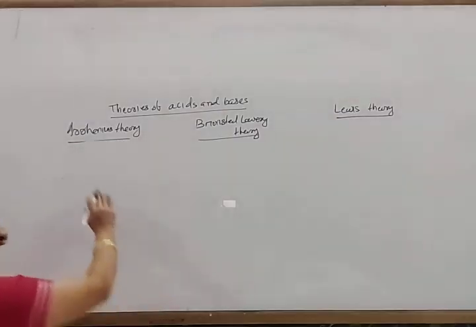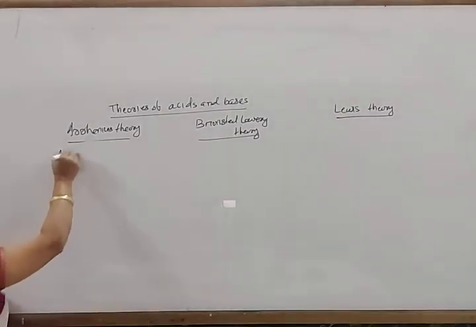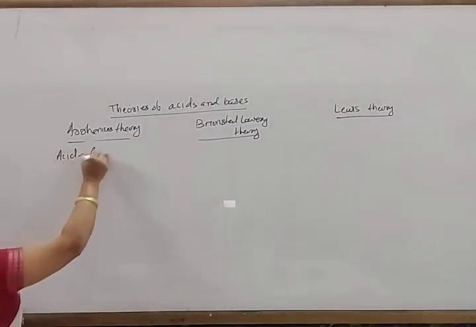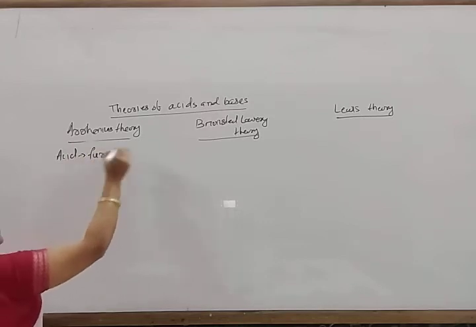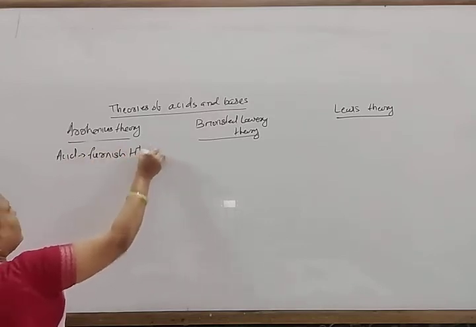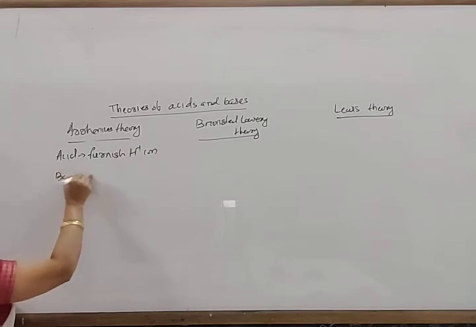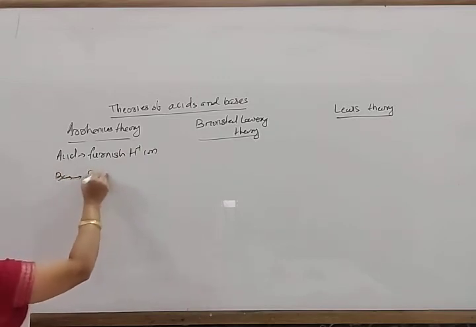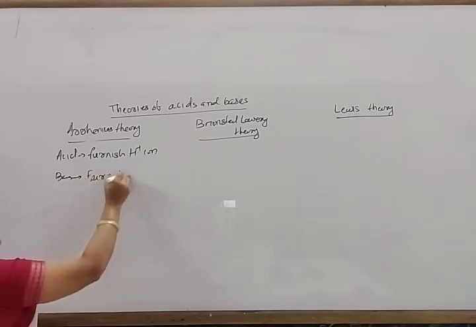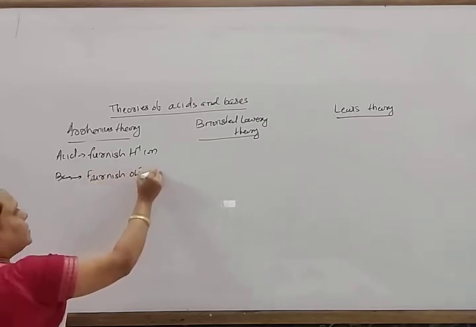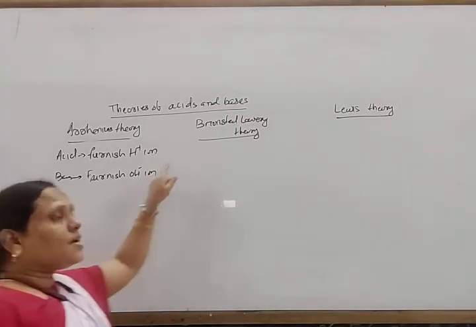In Arrhenius theory, an acid furnishes H plus ion and a base furnishes OH minus ion. And what is Bronsted-Lowry theory?